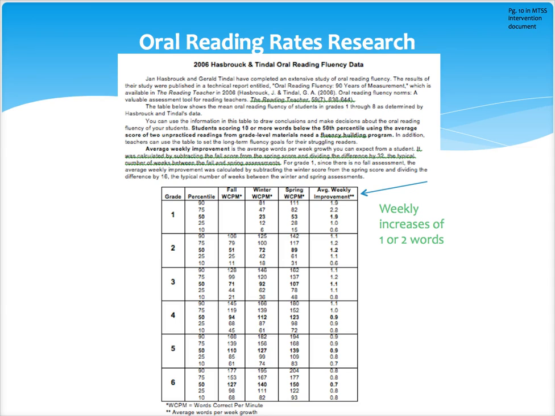So when you're thinking that a student should be increasing by 10 words per minute each week, it's just not appropriate. They should only be improving probably by 1 or 2 words weekly. So don't be expecting huge gains, but those small steps are typical and we consider that progress.